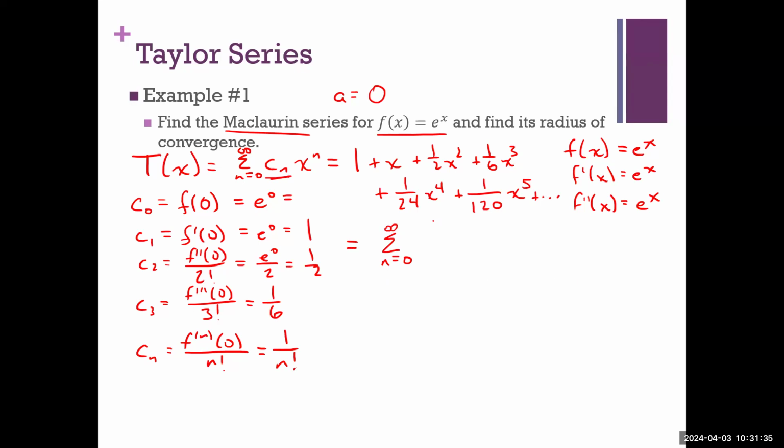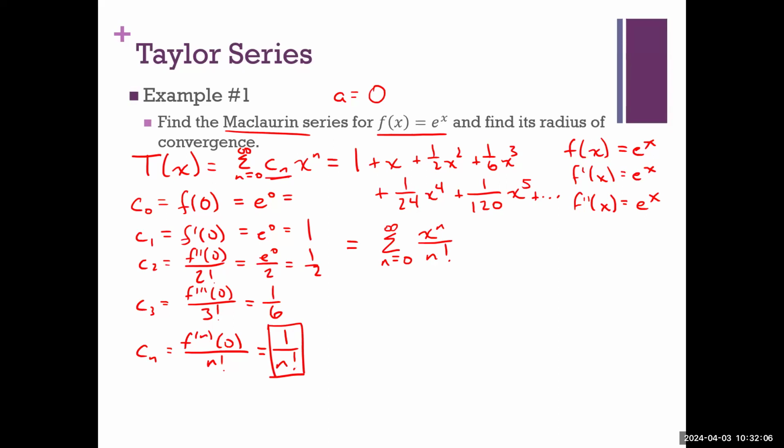Can I define this in sigma notation? x to the n over n factorial. Is that really going to fit? So here's the thing. You told me just a minute ago that c sub n in general is going to be 1/n factorial, right?